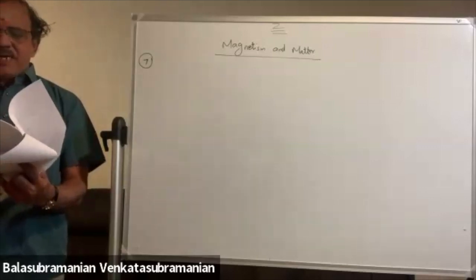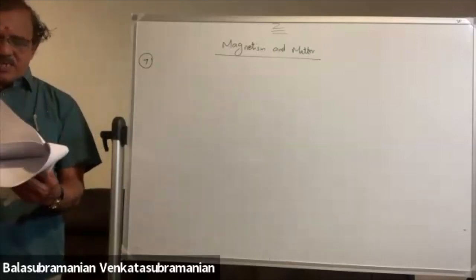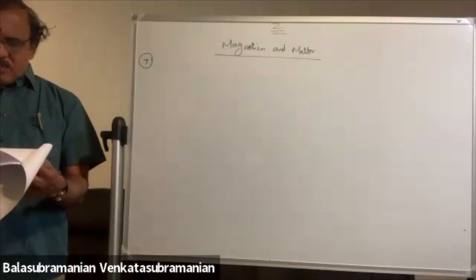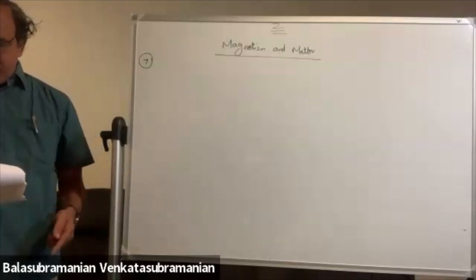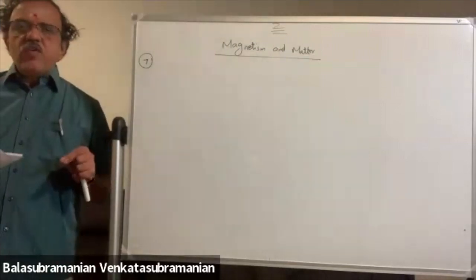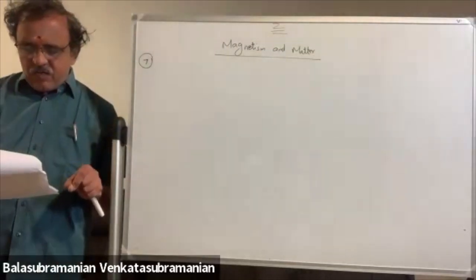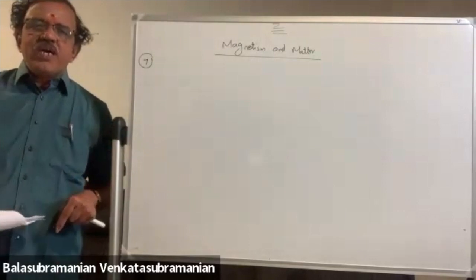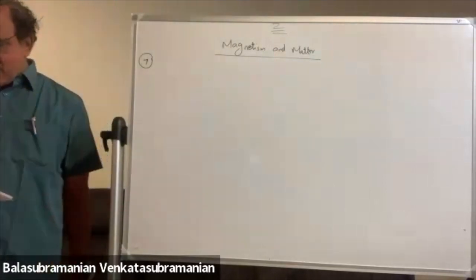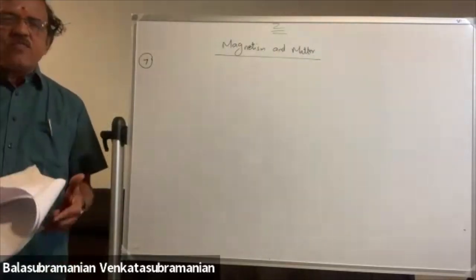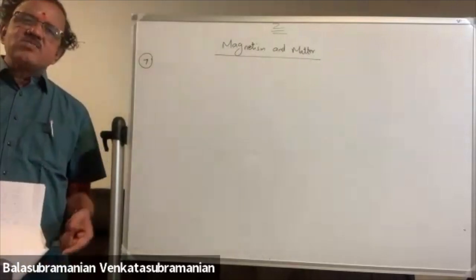What is the magnetic moment associated with it? What is the force and torque on the solenoid if a uniform horizontal magnetic field of 7.5 into 10 power minus 2 Tesla is set up at an angle of 30 degrees with the axis of the solenoid?